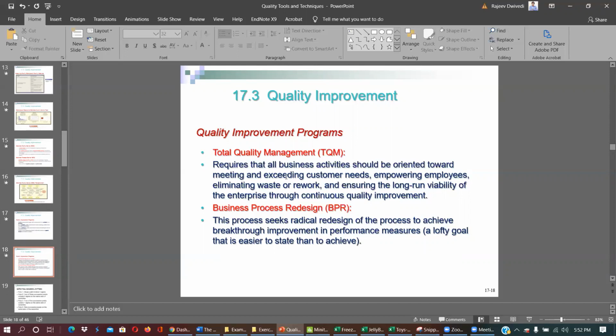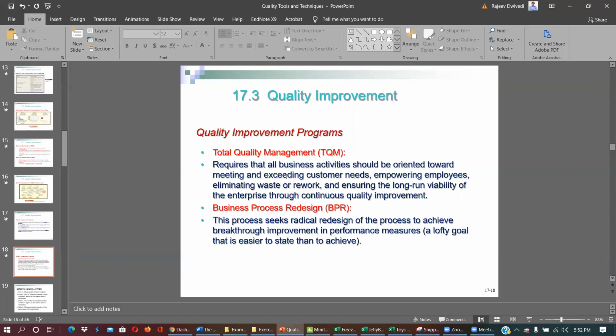So quality is not just a one time effort. It's a continuous process, and that is what TQM is. It is not only in the process, it is in employees, customers, so that is called TQM.